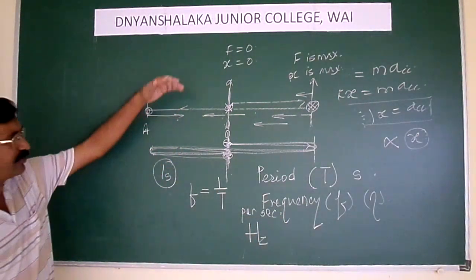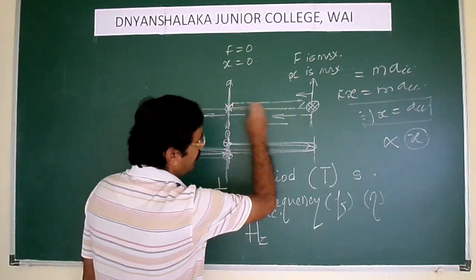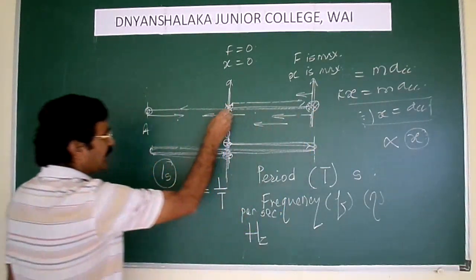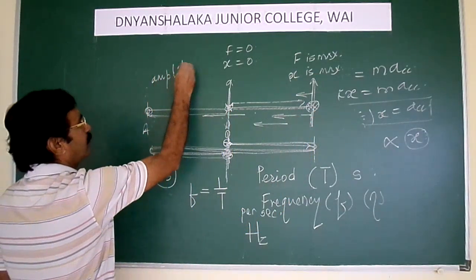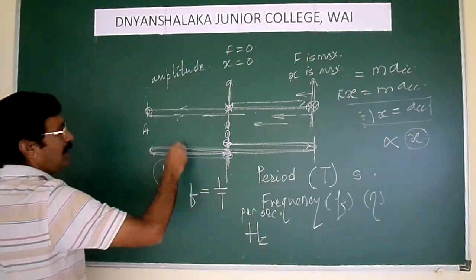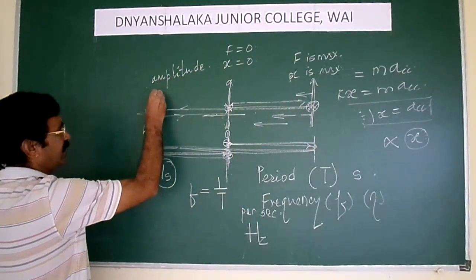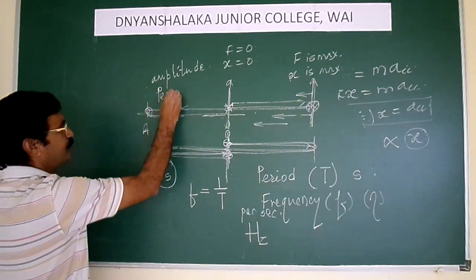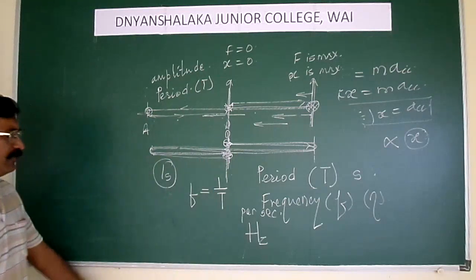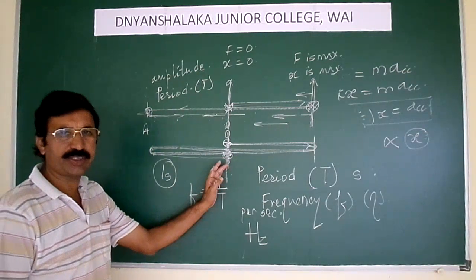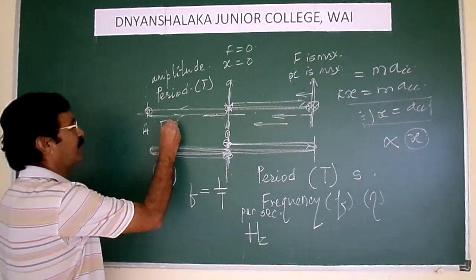So in simple harmonic motion, the maximum distance covered by the particle to either extremity is called its amplitude. The time taken by the particle to complete one oscillation is its period, and the number of oscillations or vibrations it performs in 1 second is called its frequency.